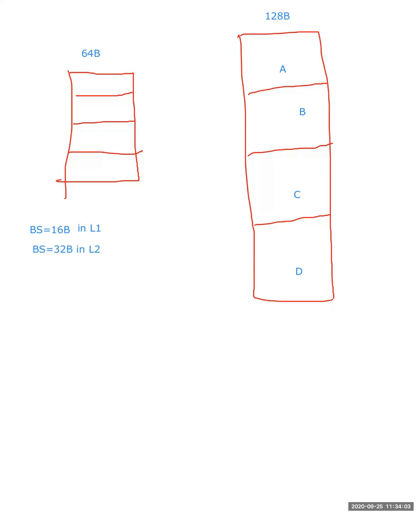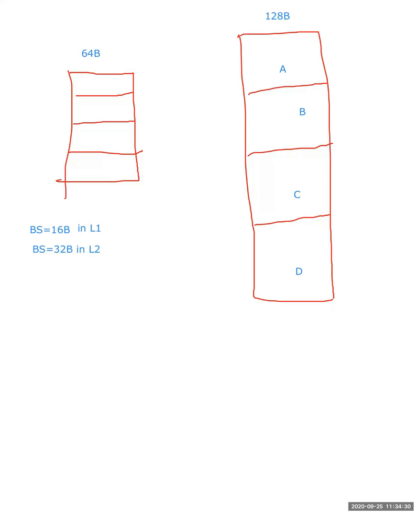So when we move up, what happens? Processor says, I want this word. That's a miss in L1. So let's say it is a miss in L2 also. Let's talk about the starting off of the execution. Now you go to the main memory and you have to fetch into L1. You have to fetch into L2 cache.